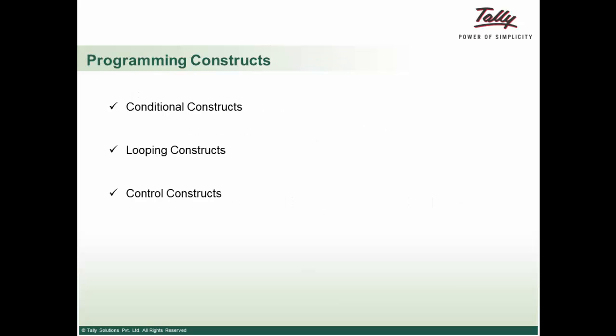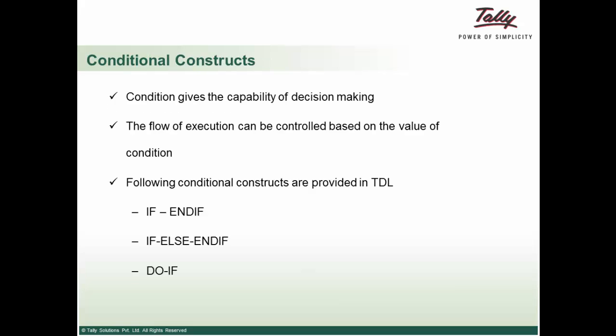Coming to the conditional constructs, looping constructs and control constructs. Conditional constructs give you the capability of making a decision. The flow of the execution can be controlled by providing a condition, and the condition is always given in the format of if and end if, or do if.